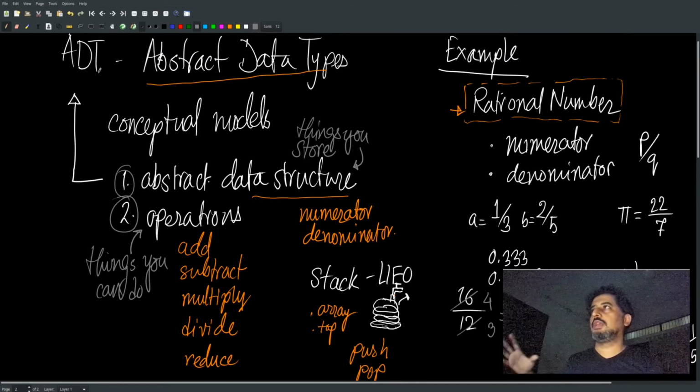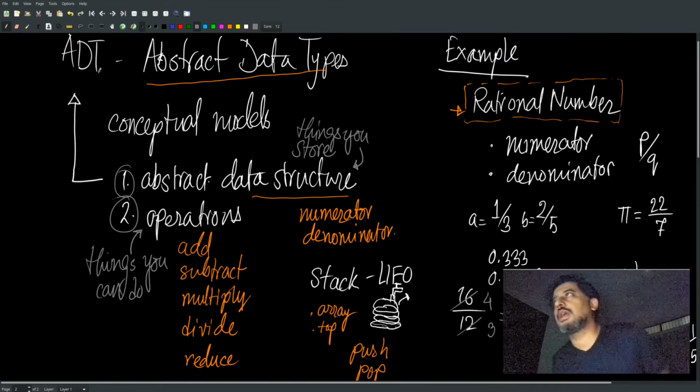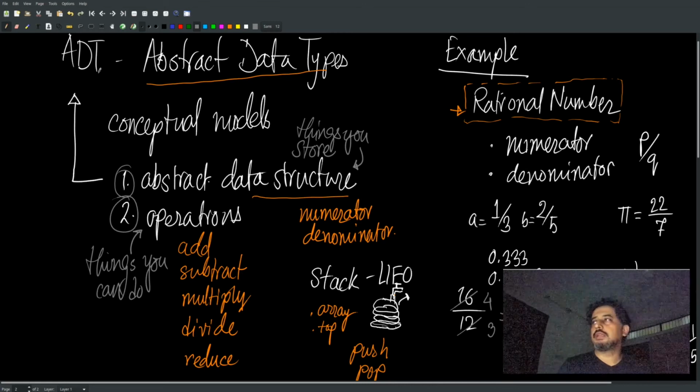But if you think about the ADT, it's just a mathematical model. It doesn't really exist in real life. You still need it. It gives you a basic idea which you can flesh out, and that's what we are going to do. We will take this idea of a rational number and take it to the next level.